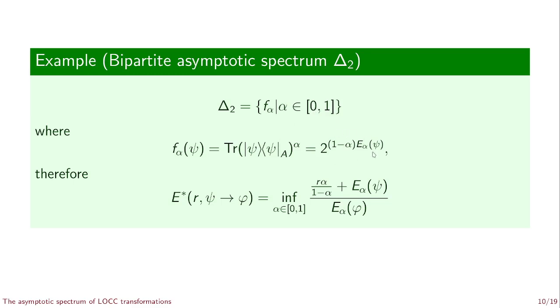So up to this exponentiating and the prefactor, we get these functions. So our general characterization gives this formula for the optimal rate given the error exponent. And as we can see, this generalizes Hayashi and Koashi's result on the entanglement concentration, because when phi is the EBIT, then all its entanglement entropies are equal to 1.